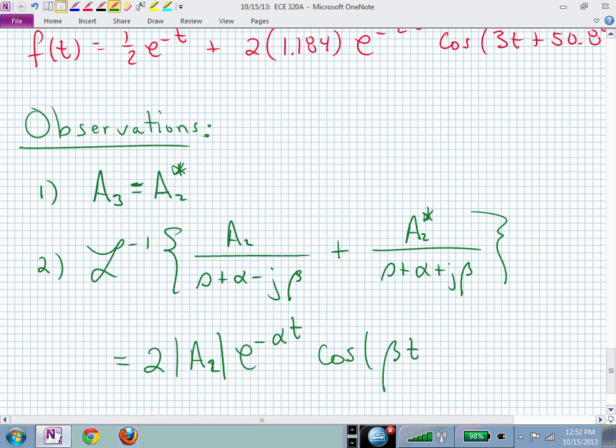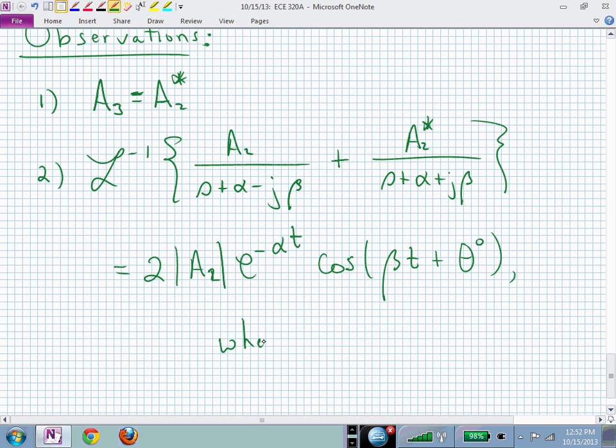Beta. So you're oscillating at beta, and then you have a phase shift of theta sub 0, where I'm using the fact that a sub 2 is a complex number with an amplitude of a sub 2 and an angle of theta degrees. Is that clear?